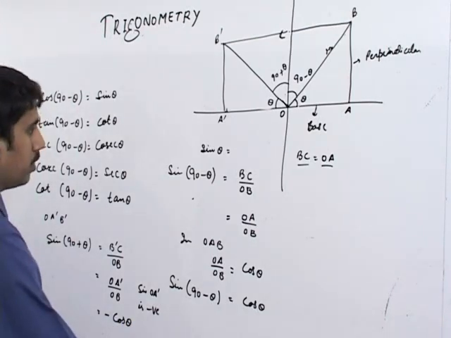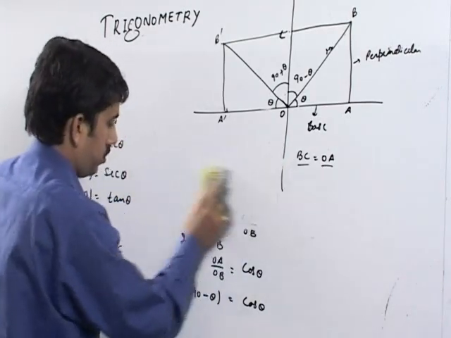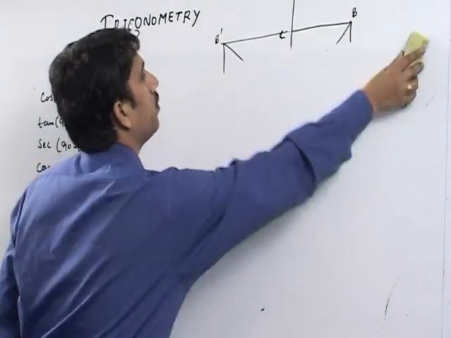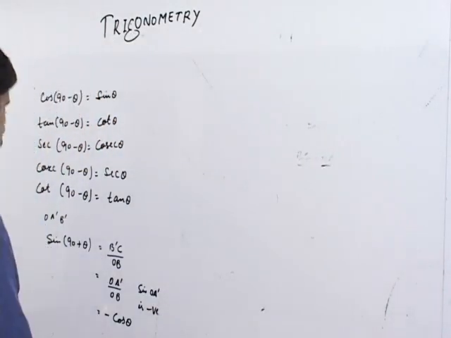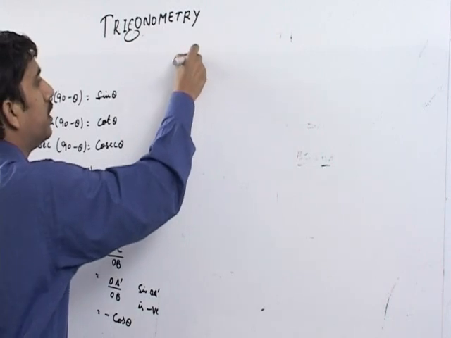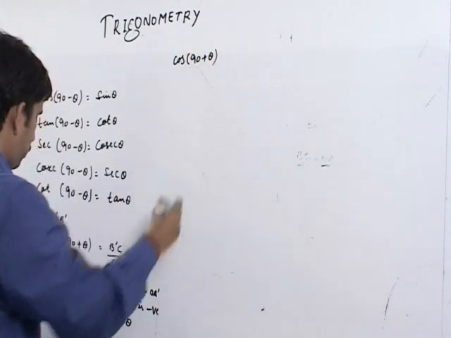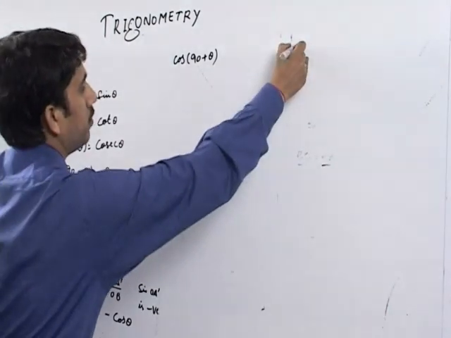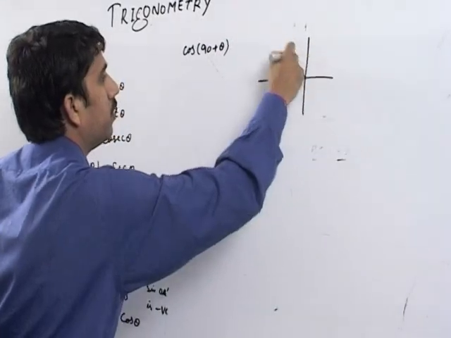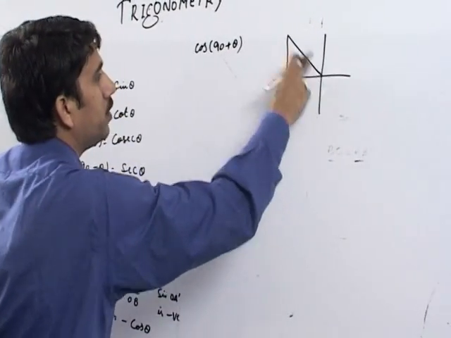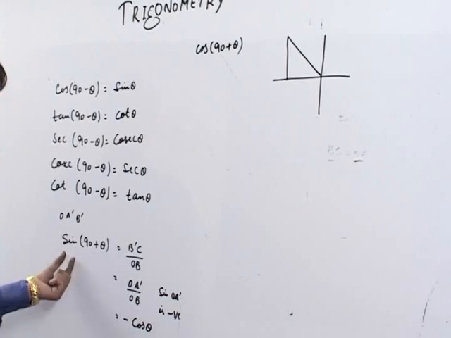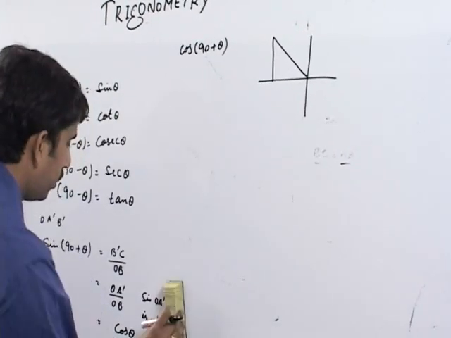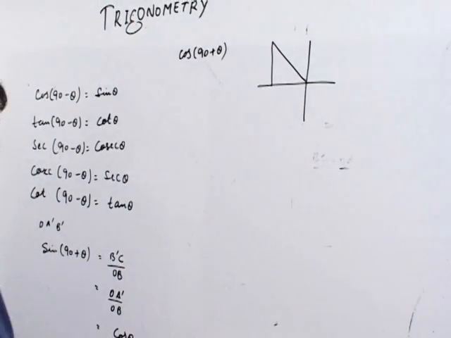Similarly, we can find cos of 90 plus theta. Now since OA dash is negative, this is negative and this is positive, but this is the second quadrant and here the sine function will be positive.